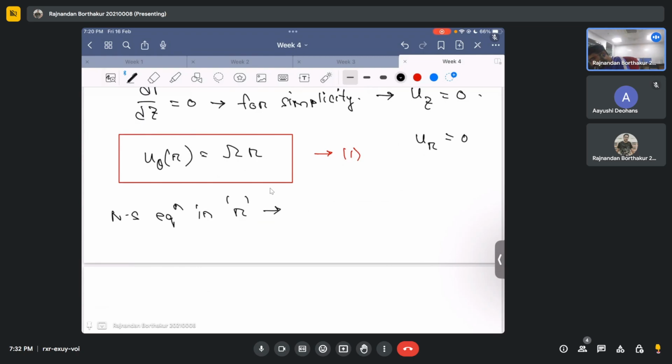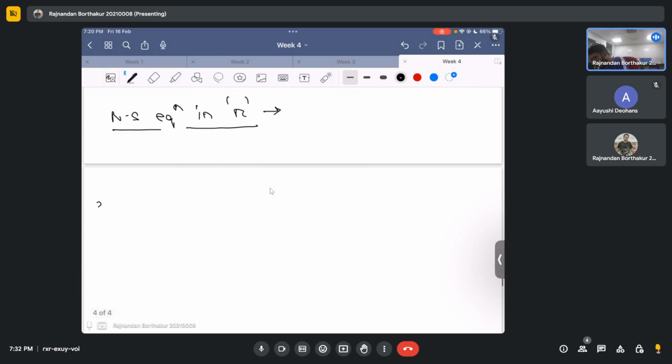So let's systematically write down the Navier-Stokes equation in the r direction, which is like this. That is rho times del ur by del t. Just bear with me for some minutes while I write it down.